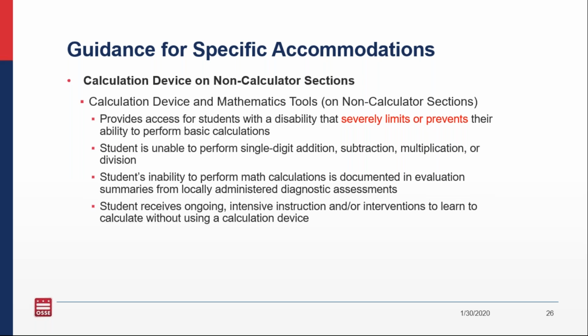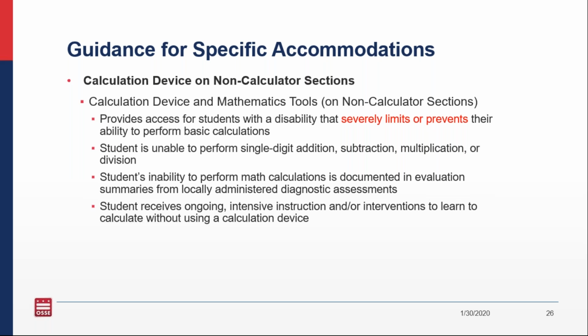The next accommodation we're going to dive into is calculation device on non-calculator section. The title of the accommodation in the PARCC manual is calculation device and mathematics tools on non-calculator sections.